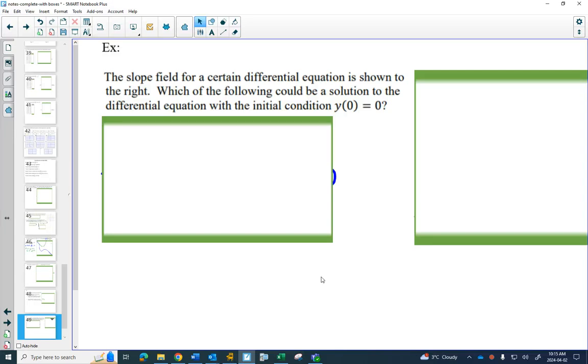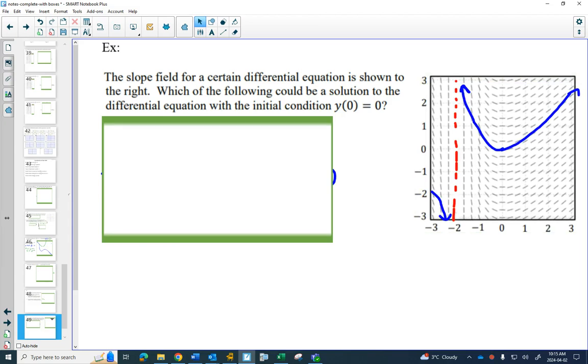So we've got our slope field. Which of the following could be a solution with the initial condition (0, 0)? The only thing we know for sure is that point.